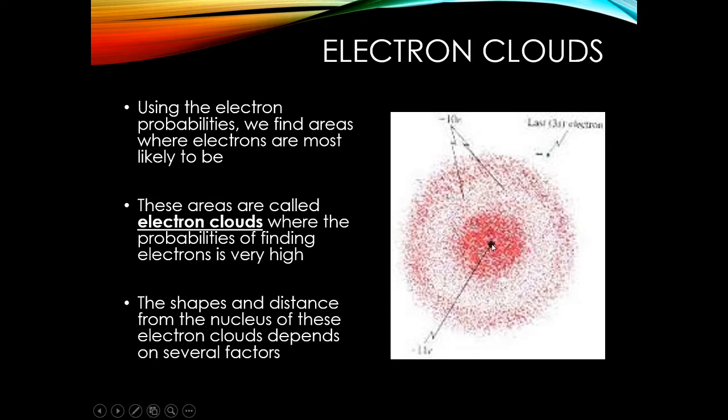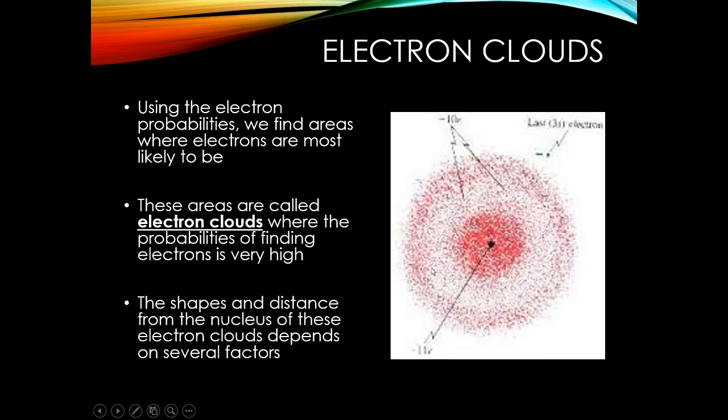So if you look at this diagram here, it shows you a nucleus in the center. You'll notice there's a dense area around it. Well, that means you're probably going to find electrons in this area. You'll notice there's also a little bit denser spot around here because you're probably going to find electrons there.